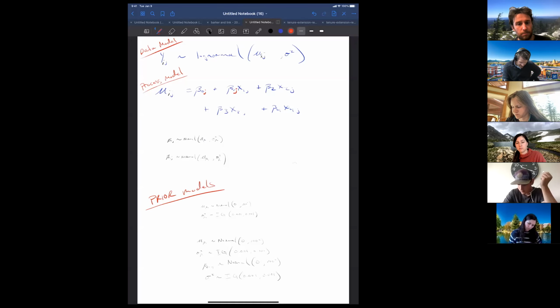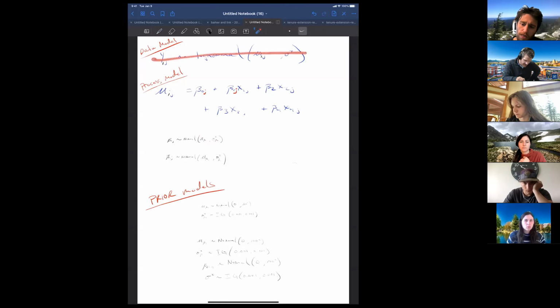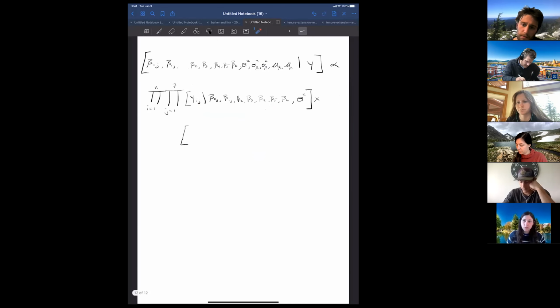The mus, let's see, which mus and sigmas? The mu beta 0, mu beta 1. That's going to be part of it. But so we did this. This is deterministic. We don't need to do that. Now we have to do this. Beta 0j given mu beta 0, sigma squared beta 0. So we have mu beta 0 given... No. Let's see. Say that again. I misheard you. We're saying beta 0j given. Yeah, that's right.